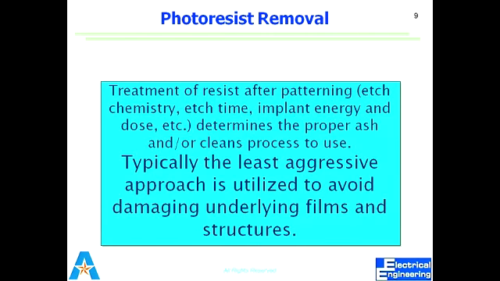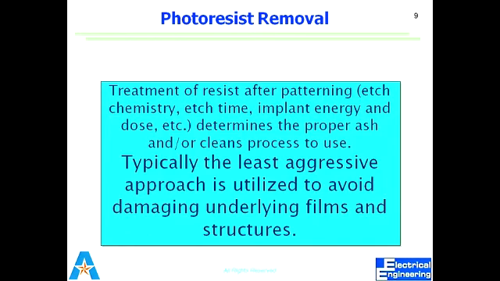Here again we are talking about photoresist removal by etch chemistry, etch time, implant energy, and dose. So we are talking about dry etching again. In dry etching, the time is how long you are keeping your device inside the chamber.